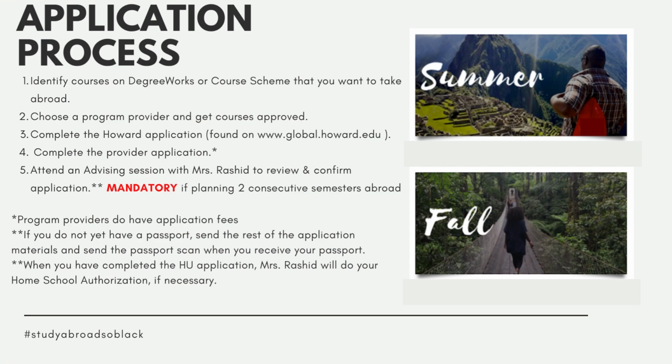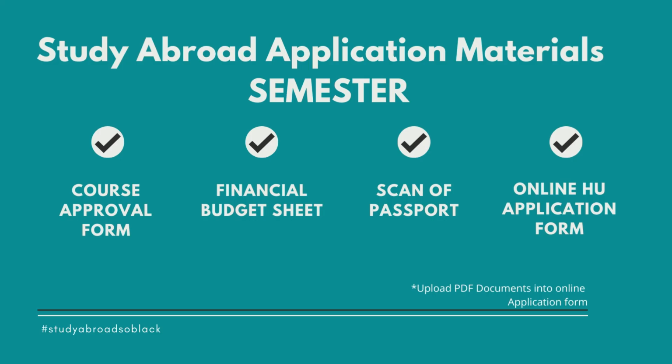And so, just to recap, you need your course approval form. There's also something called a financial budget sheet, for semester programs only, where you can outline the cost of your flights, books, and all the miscellaneous costs so that you can get a full snapshot of what your semester abroad is going to cost. And also a scan of your passport.